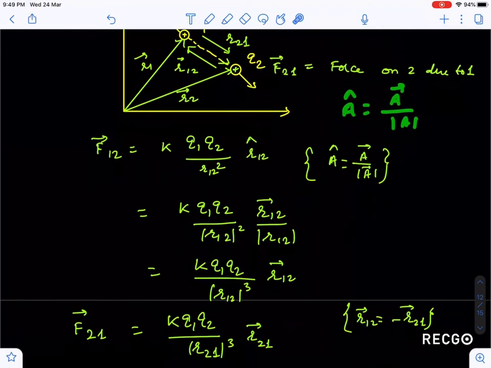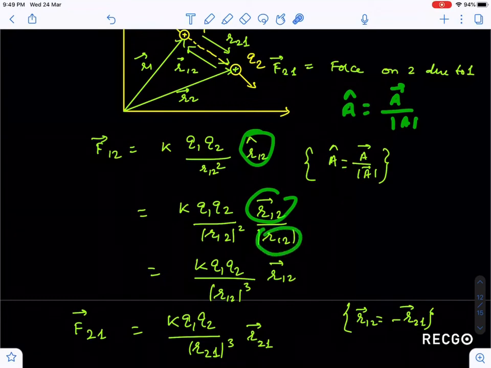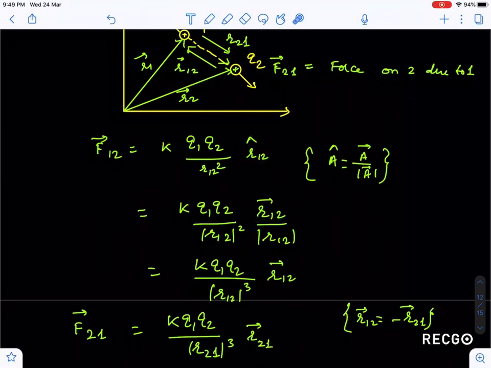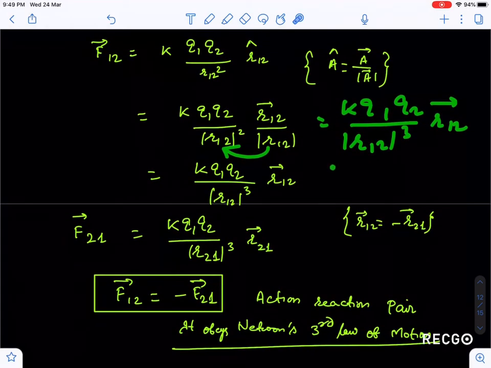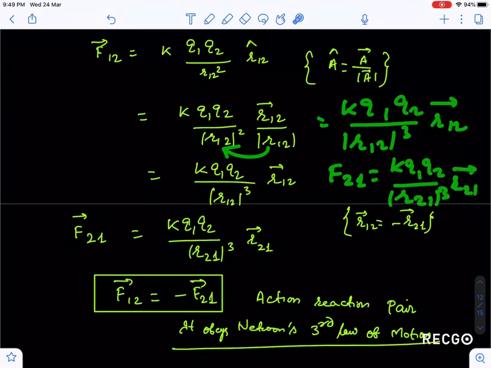So I can represent this as r12 vector upon r12 mod, and when I multiply this term, it becomes k q1 q2 divided by mod of r12 cube times r12 vector. Similarly I can write F21 as k q1 q2 divided by mod of r21 cube times r21 vector.